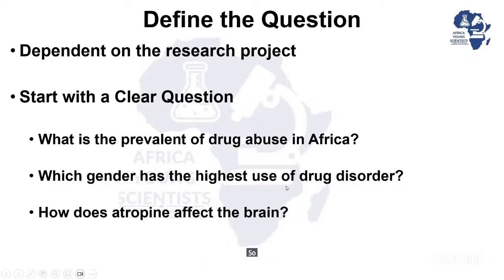We were having this discussion, and the notion in the society out there is that men abuse drugs more than women, that the male gender engages in drug abuse more than the female gender.